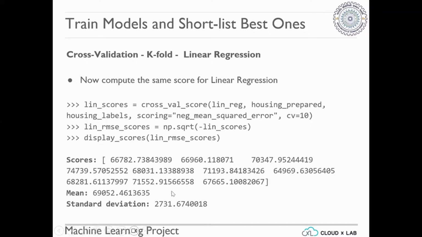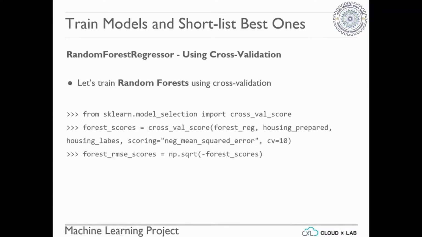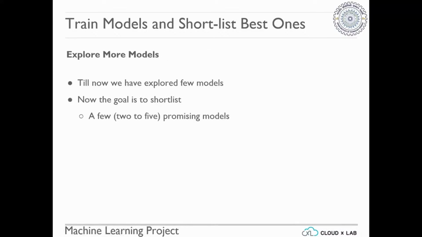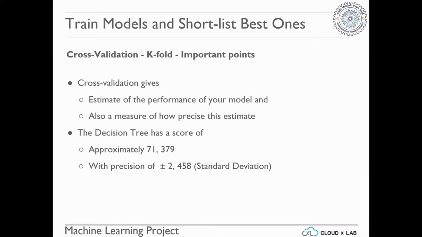This standard deviation will tell us the uncertainty in our estimation. Since we are calculating mean and standard deviation, we can also get some idea of how precise our estimation is.